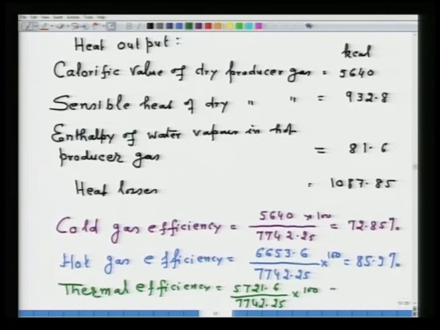So, this thermal efficiency becomes 73.9%. Now, you will also be interested in the losses. The heat loss is 1087, and if you divide 1087 by 7742, you will get approximately 10 to 15% as the heat losses.